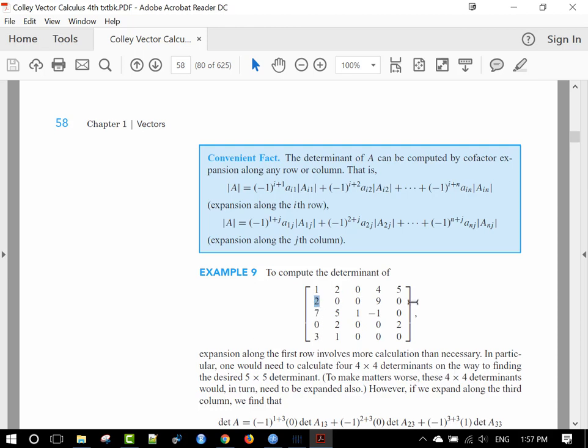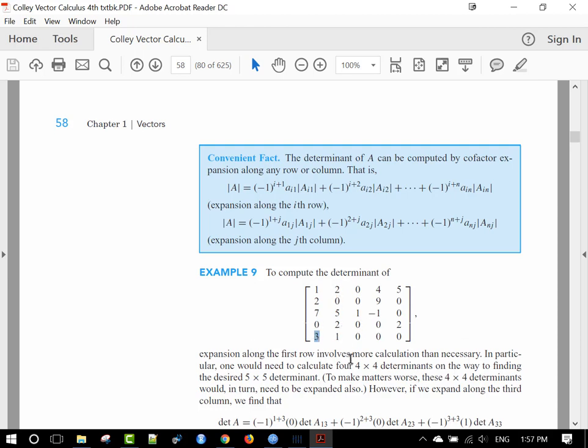You'd knock out this one and this one. So the minor would be this one. You don't include this one because this row was knocked out. This one, this one, this one, then this one. You don't include this because this row was knocked out. This one, so on. So you could do it that way, and then the next, you'd go to this element. That would mean you'd do this, this, this, and this, and so on.